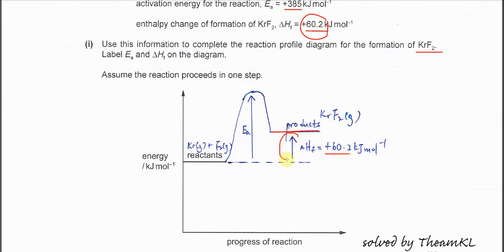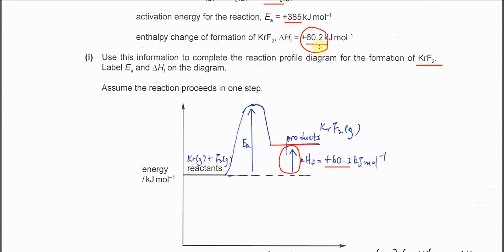So this one is the delta HF, the formation from the reactants, which are the elements, to form these products. And of course you have to put the EA. EA is of course much higher than the delta HF. So this is the EA, the energy needed to overcome to form the products, which is 385 kilojoule per mole.